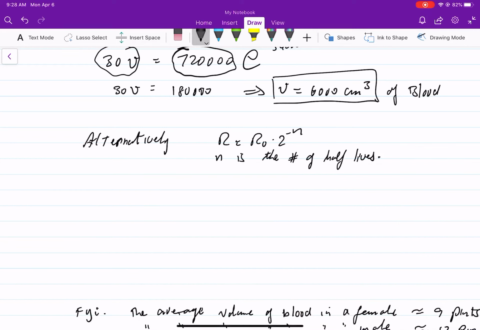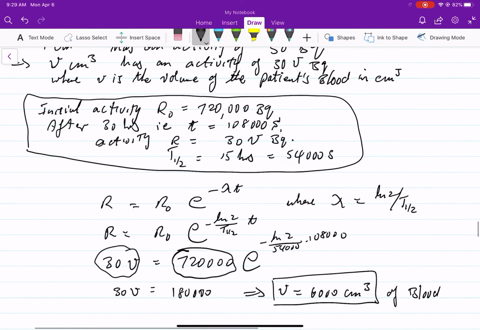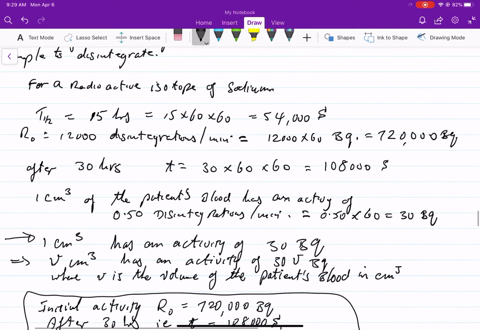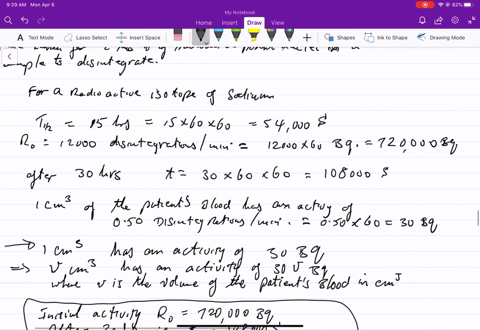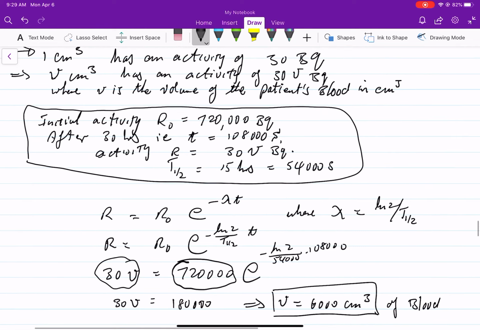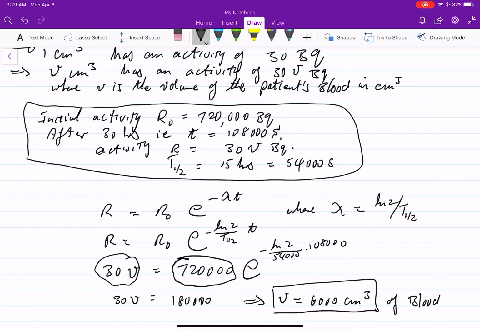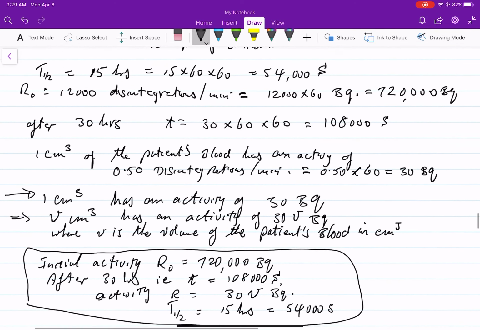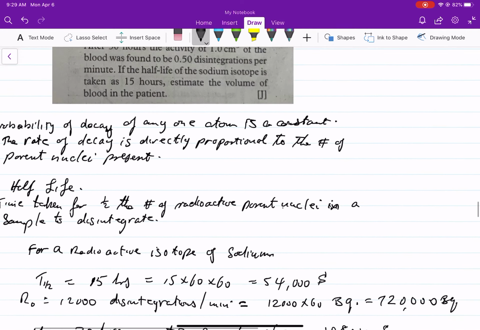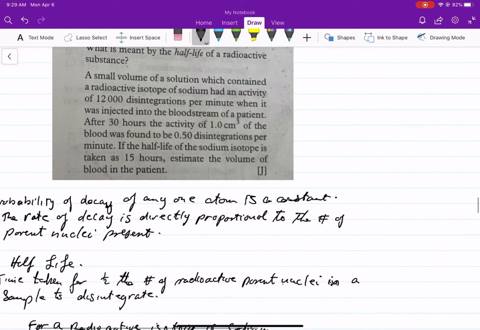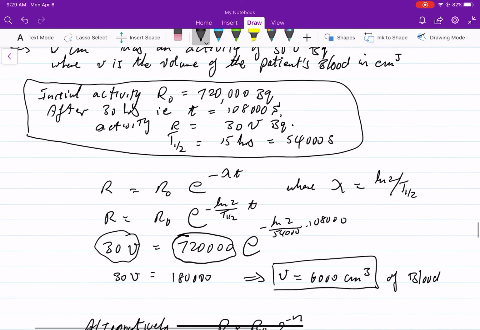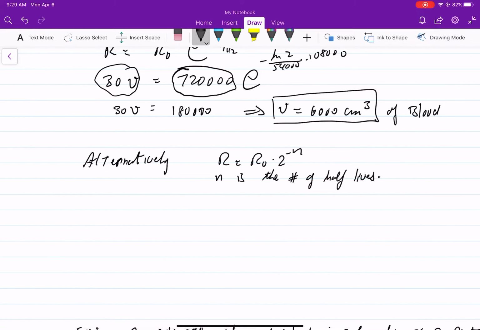If I use the equation relating the rate of decay at time t to the initial rate of decay times the number of half-lives, the half-life of this radioactive substance is 15 hours, and you were checking on the activity after 30 hours. So after 30 hours have elapsed, that represents 2 half-lives.